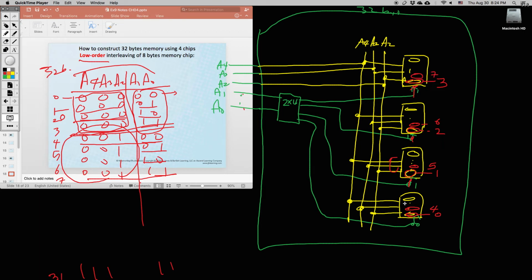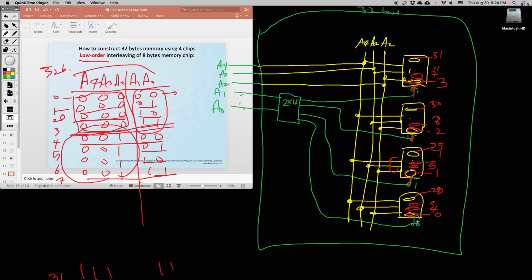The next group gives 8, 9, 10, 11, and keep going all the way to the last group: 28, 29, 30, 31. So the addresses are interleaved this way.